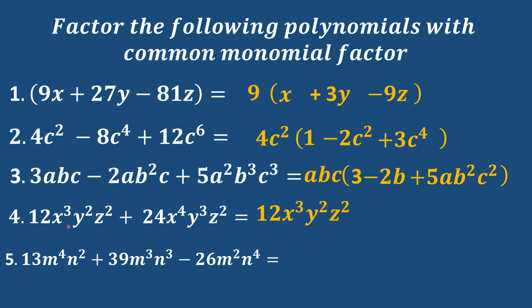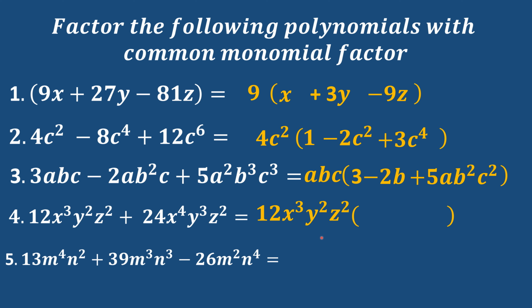So for x, we have x cubed and then x to the 4, so with the least exponent, x cubed. And for the y, among the three, y squared and y cubed, y squared is the least. While in the z, we have the z squared. So for that, we are done having our common monomial factor.